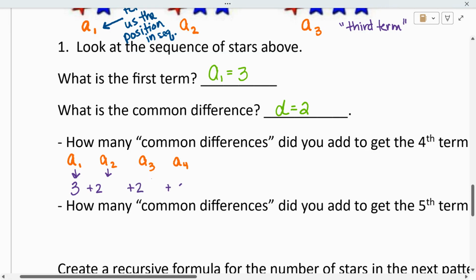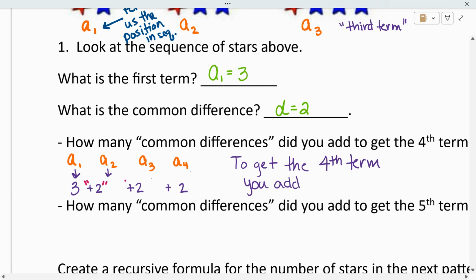And then I would have to add 2 more to that to get the fourth term. So to get the fourth term, how many common differences am I adding? 2 is the common difference. How many times am I writing plus 2, plus 2, plus 2? 3 times. You add 3 common differences.